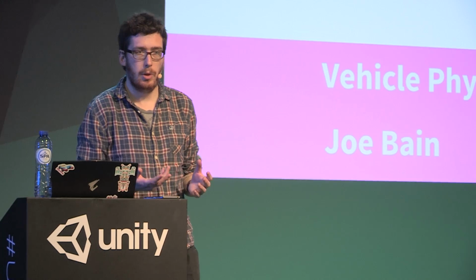Yeah, that's a good question. So I have on my car lots of other colliders on the chassis, and you can have colliders which are just triggers. So I would probably use those to tell where the car is, what kind of surface it's on.